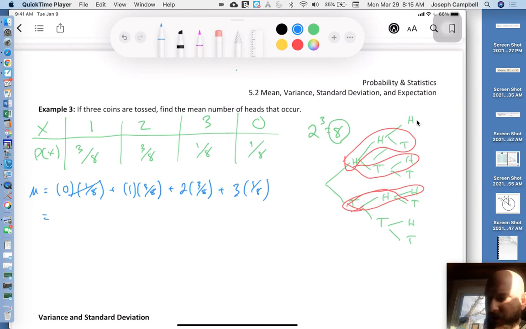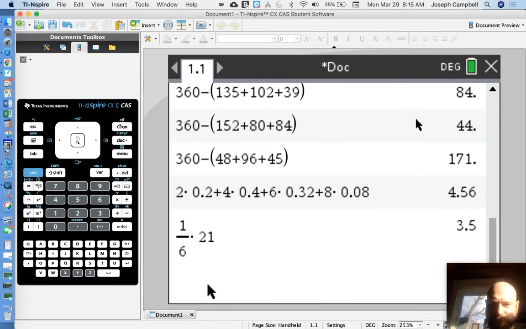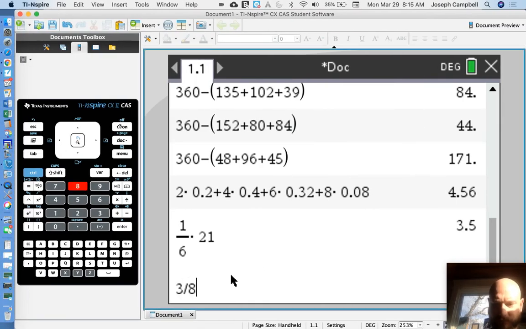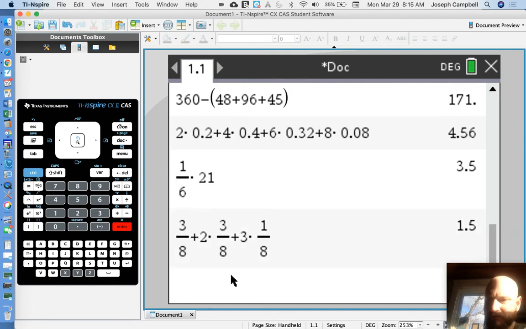So we have 3/8, plus 2 times 3/8, plus 3 times 1/8. That's 1.5. Kind of makes sense because you expect there to be half, right? If there's 3, you expect 1.5 heads. Clearly, you can't have 1.5 heads, but theoretically, that's what you get.